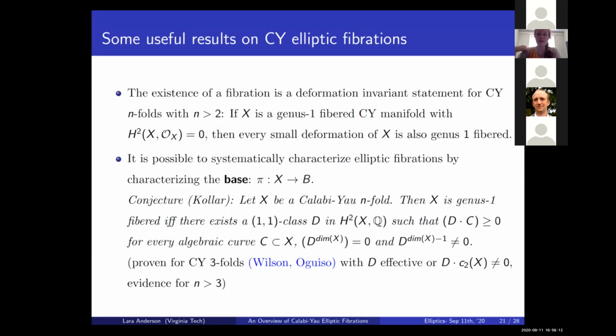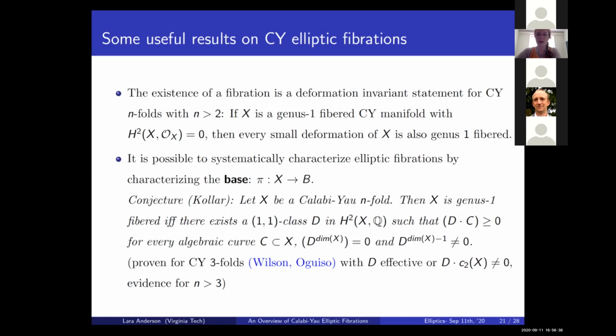Fortunately, there is a powerful mathematical result, which was formulated for threefolds by Wilson and Oguiso, and conjectured to hold more generally for Calabi-Yau n-folds by Kollár, which allows you to characterize whether the Calabi-Yau admits a fibration or not purely in terms of intersection numbers of the Calabi-Yau, so topological data about intersection of divisors, and some statements about the cone structure of those divisors.